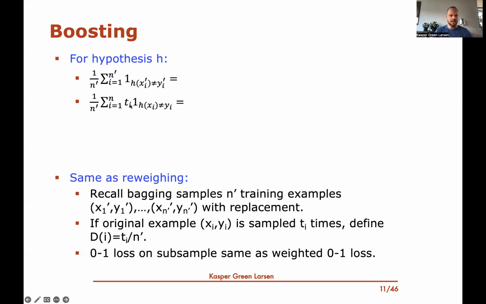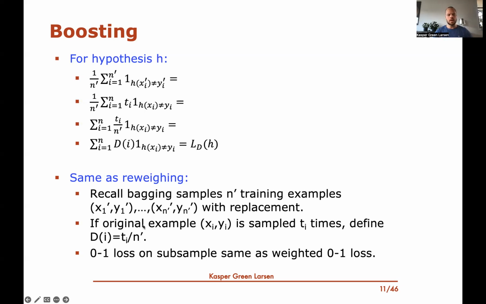Well, it appears ti times. So this is exactly the same as the line above here, right? Because the term for the original xi, yi appears ti times by definition of ti. Here, we can move the 1 over n prime inside. And now you can see that this factor here is just the probability distribution we defined in di down here. So this is really the weighted 0-1 loss with this weighing that we defined down here.